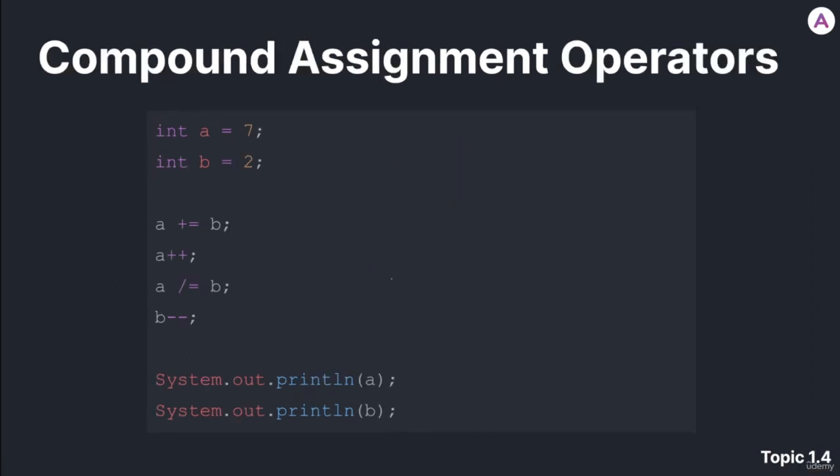A way to do that is, if we look at A is 7 and B is 2 again, we can use this shorthand notation, and these are compound assignment operators.